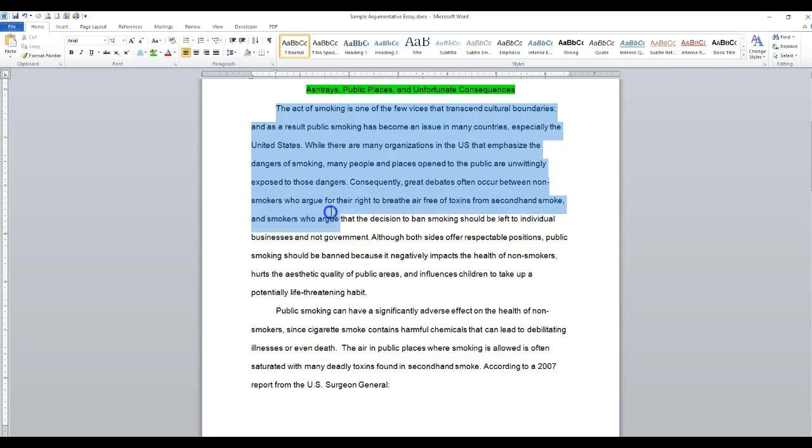So this particular piece, all of this section, is this individual's background information. I'm not going to read over it in the video, but you should read over it by pausing the video so you can get an understanding of what he is communicating. But essentially, what he's trying to do is provide context for the reader so that they have an understanding of why this topic is important in the first place.